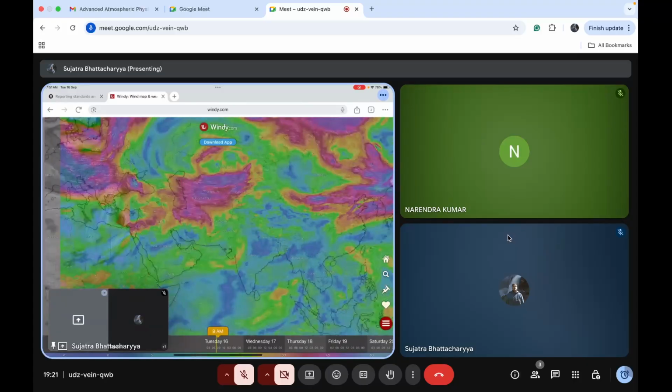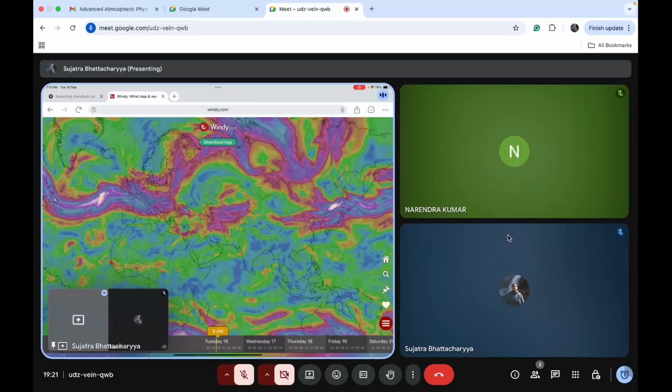Look, these are the jet streams. This violet color shows strong winds, as you can see. You know that to the south of it, the temperatures are larger, and as you go more towards the poles, the temperatures are smaller. So the jet stream generally blows in such a way that in the northern hemisphere, to its left it is cooler.